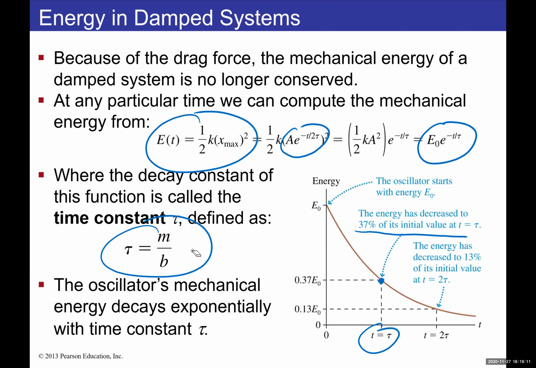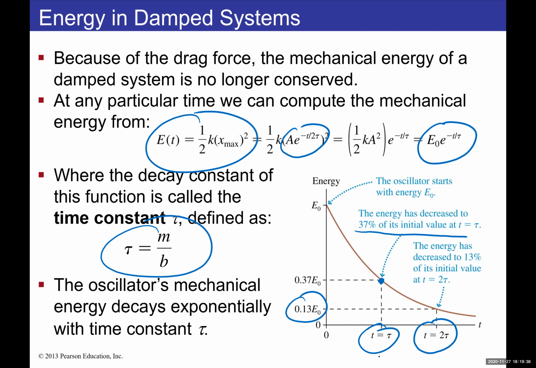And in this case, you can see it is equal to the mass of the block divided by this constant B. So the oscillator's mechanical energy decays exponentially with this time constant tau. That means at t equals 2 tau, you have only 13% of the original energy, so 87% of the energy is gone.